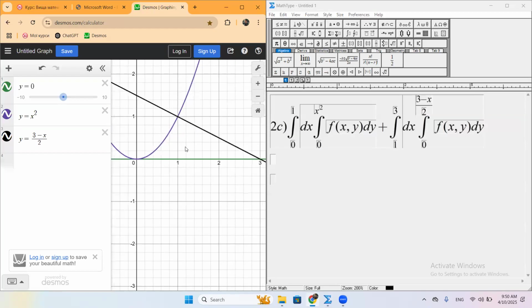And what about x? So we have the following region. For the first integral, we have such bounds.